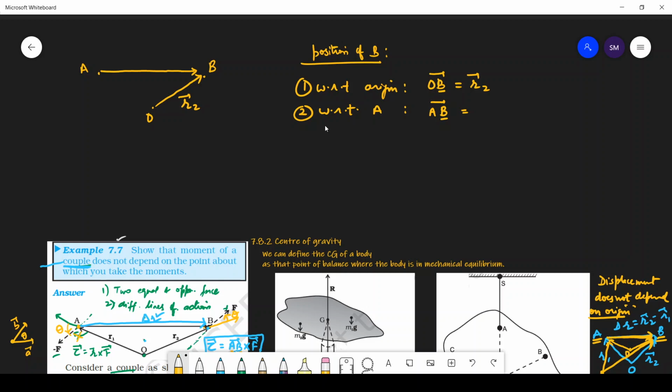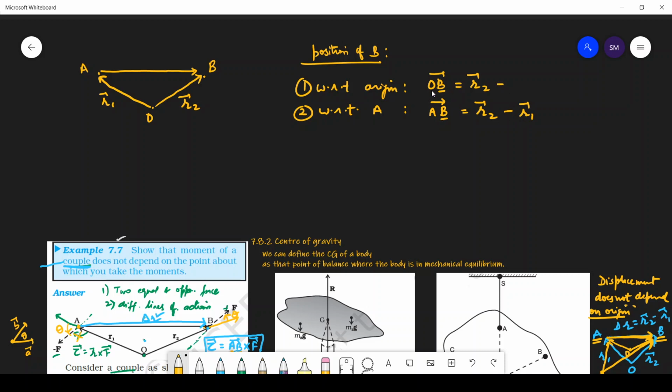Is this clear? This AB is the position vector of B with respect to A. You have reached A first, instead of directly reaching B. So you have to subtract the position vector of A from here.